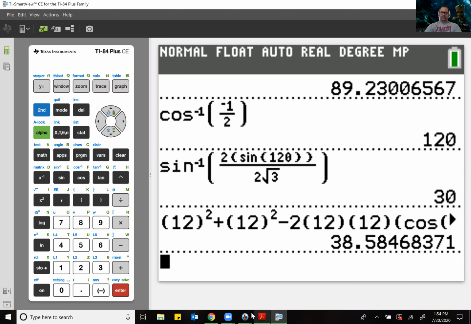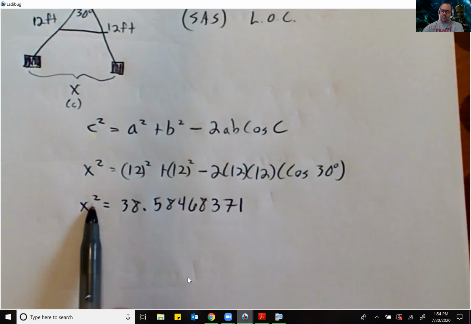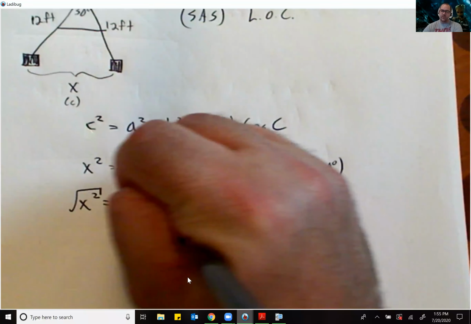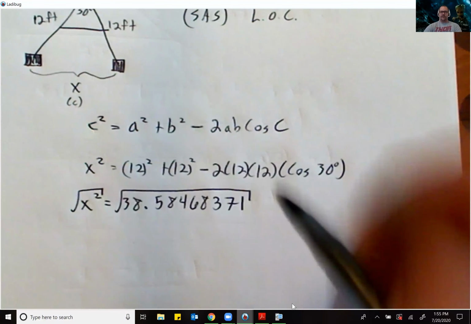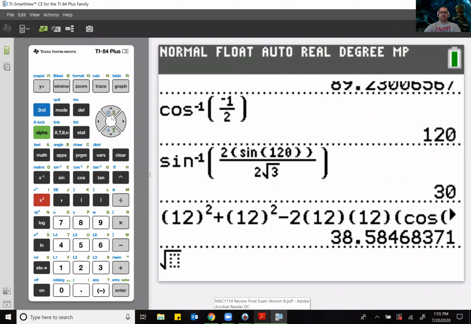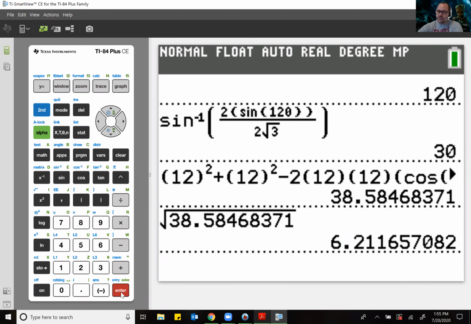38.5846837. So that's what x equals when it's squared. But we don't want it squared, we just want it as regular x. So how do you get rid of something squared? You take the square root of it. So we'll hit second square root, come up, grab our number, enter. So there's what x is, 6.211657082.